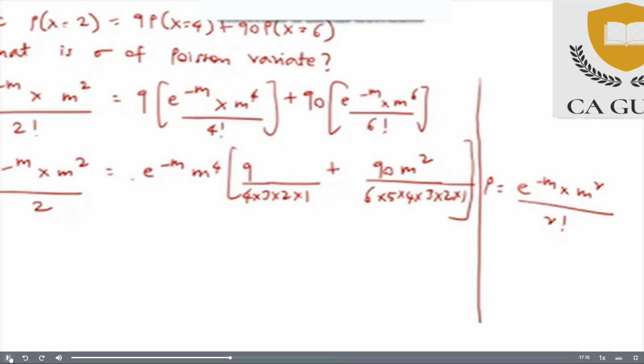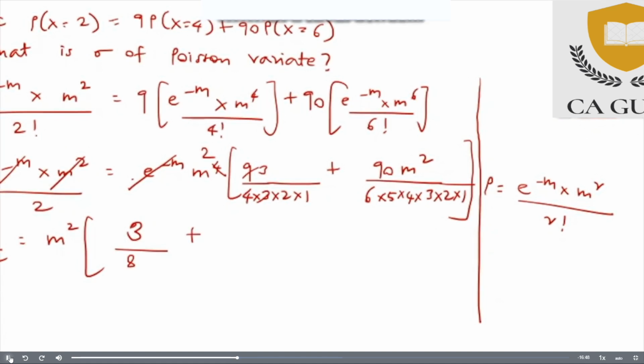Here e to the power minus m gets cut out, m square will get cut out, and it is 1 by 2 equals m square into 9 will go 3 times here, 3 by 4 2s are 8, 3 by 8 plus here you have 90. Now 6 into 5 is 30, 3 3s are 9, so this is m square by 8.